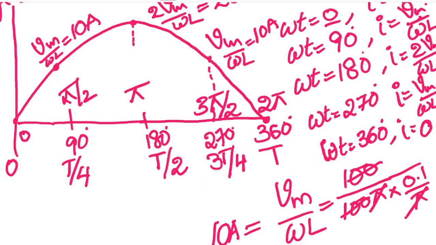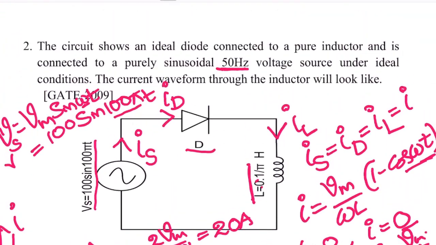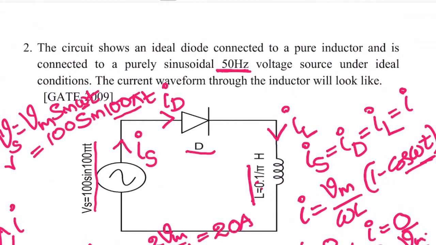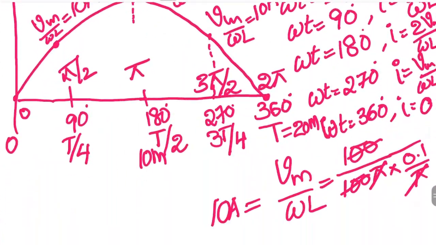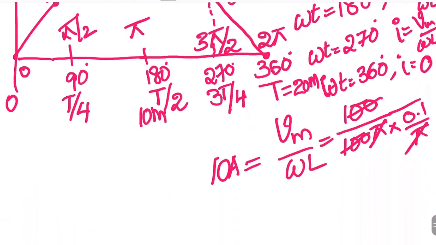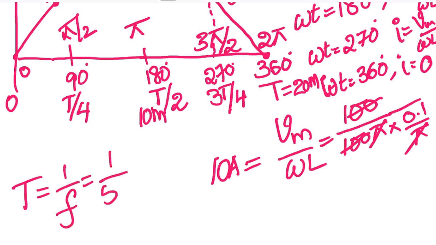The examiner may ask in terms of degrees, in terms of radians, or in terms of time period. If they are asking in terms of time period, the frequency they have given is 50 Hz, and the time period is 1 by frequency, which is 20 milliseconds.